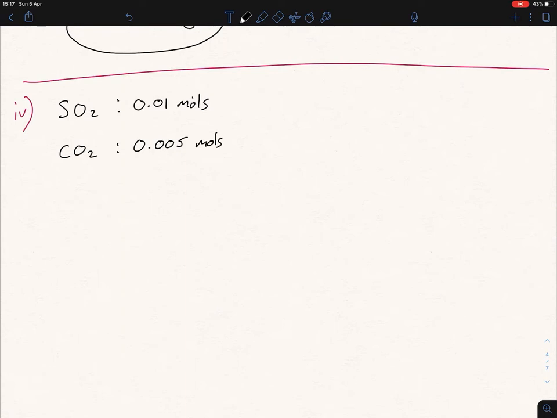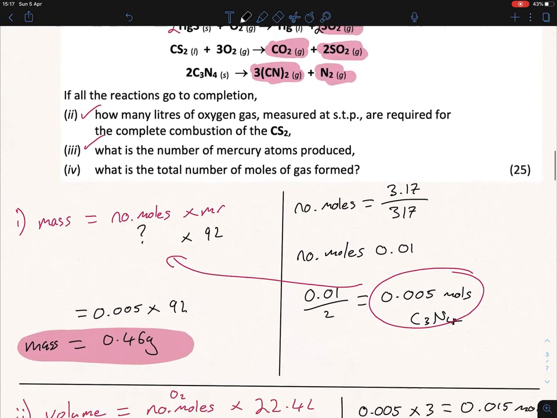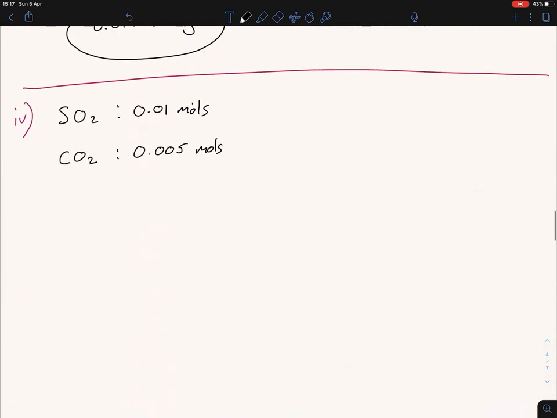And there was one next to it, I think it was sulfur dioxide again, wasn't it? Yeah, so there's some more sulfur dioxide, so that's your SO2. So there's two of those, so there's two sulfur dioxides there. So we're going back to our 0.01 moles.